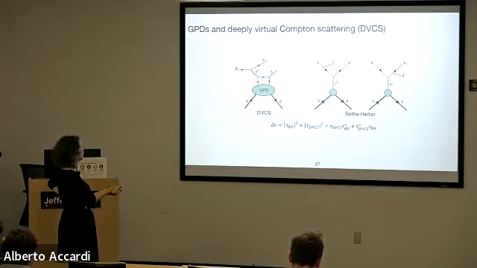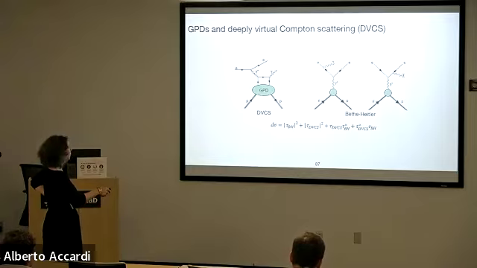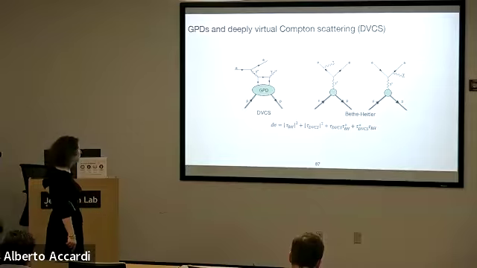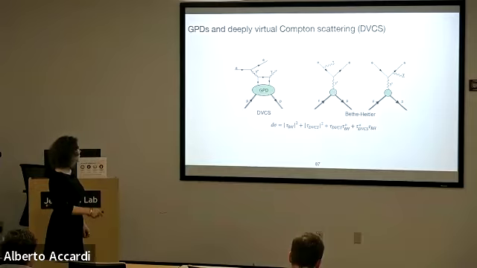Your real photon can come from your initial or your final state electron, but it's not emitted by a quark inside your nucleon. So you're not probing GPDs. You just have an exchange of a photon between your electron and your nucleon, but you're not probing the quark structure, so to speak.